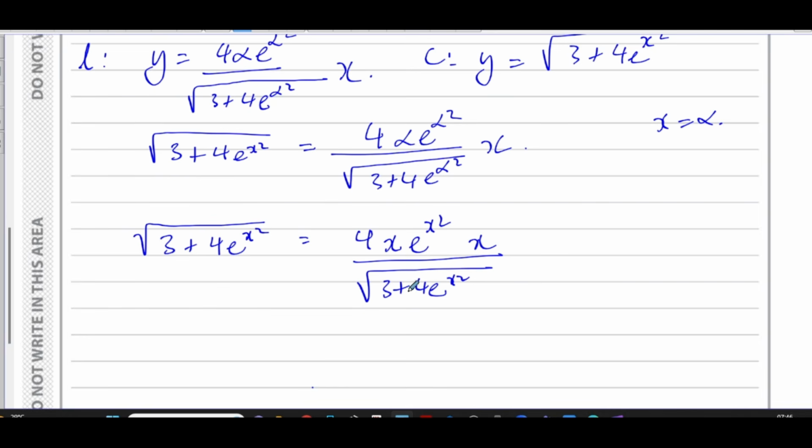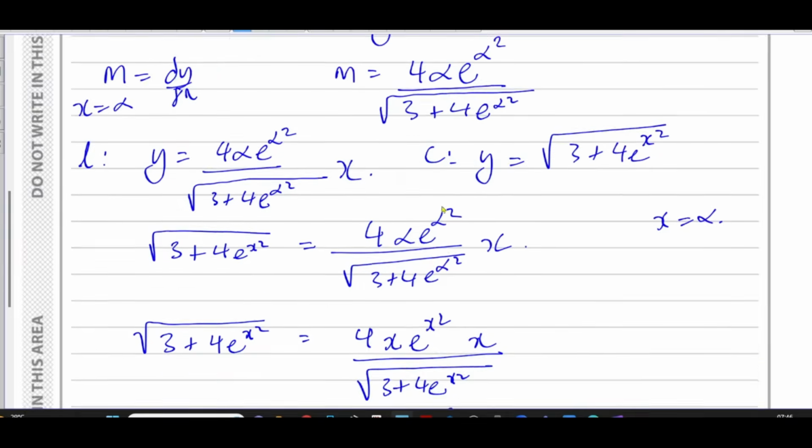Now, if I multiply both sides by the root of 3 plus 4 e to the power of x squared, these two will multiply, and they're exactly the same, except they're both under the square root, so the square root is cancelled out. So 3 plus 4 e to the power of x squared equals 4x times x, which is 4x squared, e to the power of x squared.